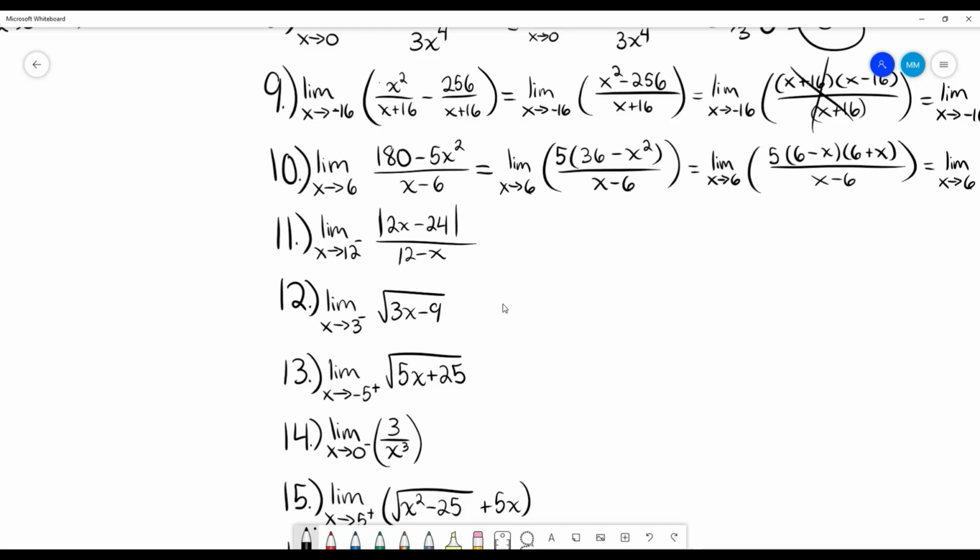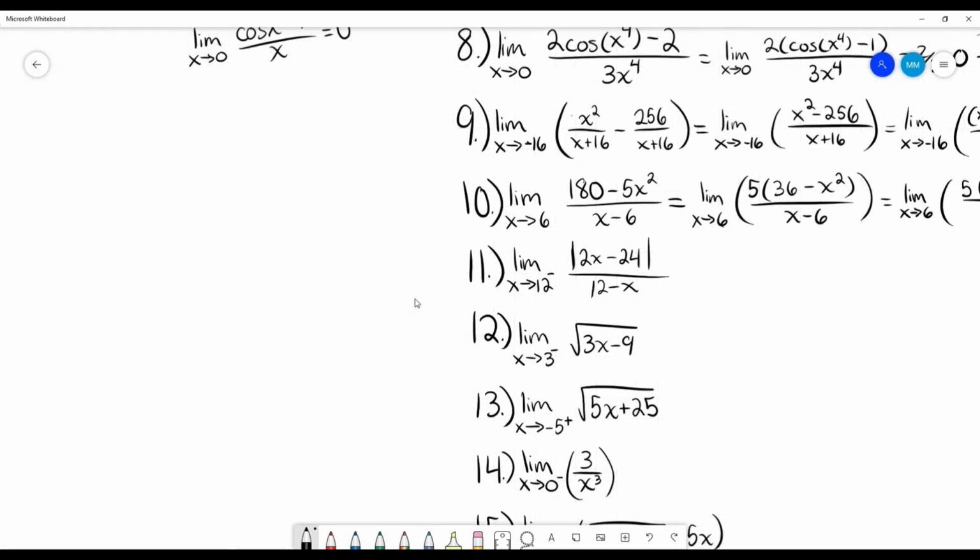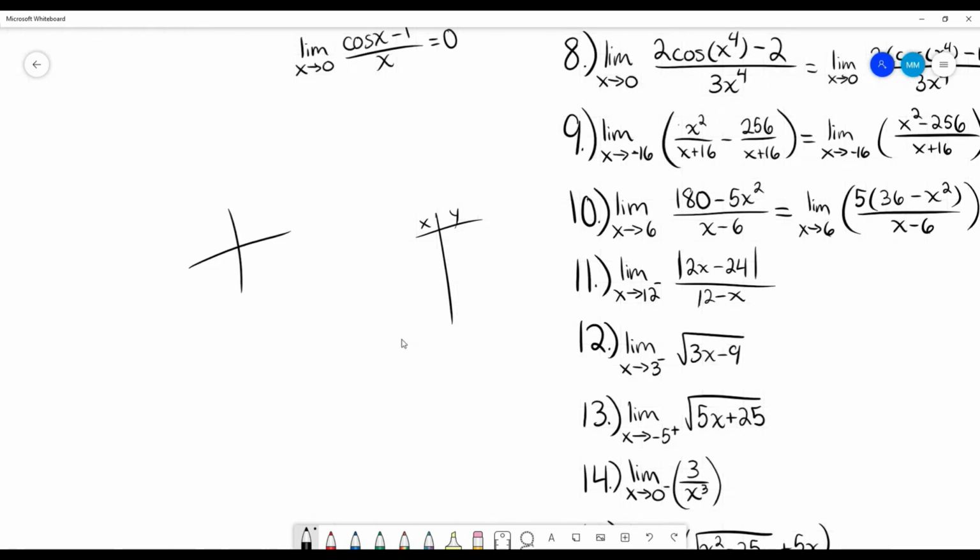So what we're going to try instead, obviously we can try to manipulate it a little bit, but a really easy method for finding our one-sided limit, just to be absolutely sure we're getting the right thing, is to quite literally just plug in values that are near that point. Because remember, a limit is just whatever y value I'm approaching as I get closer and closer to it from each side.